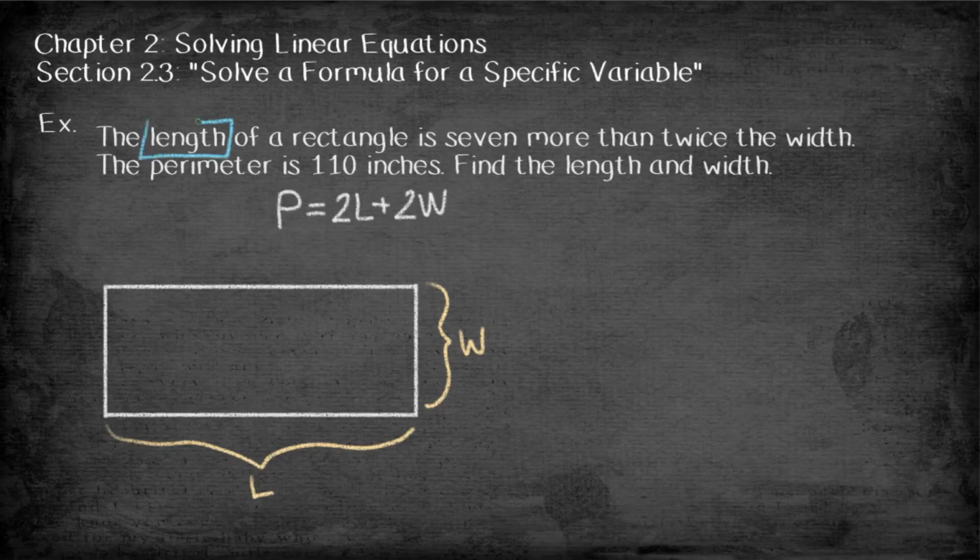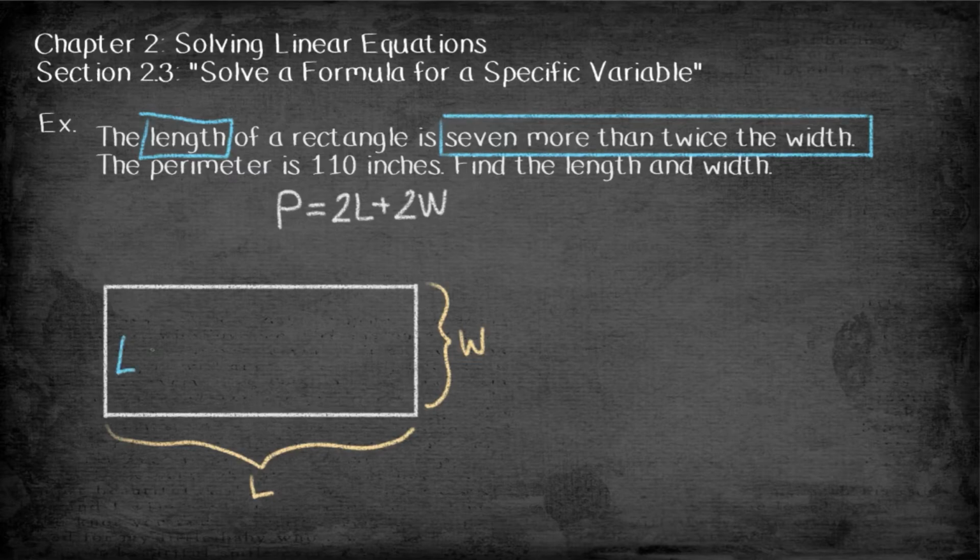And we know that the length of this rectangle is 7 more than twice the width. So length is, remember, "is" means equals, 7 more than twice the width.